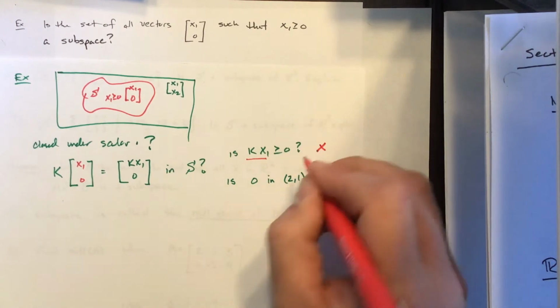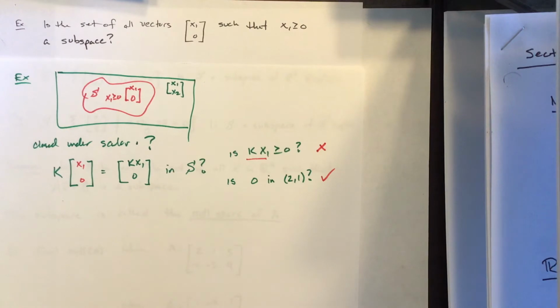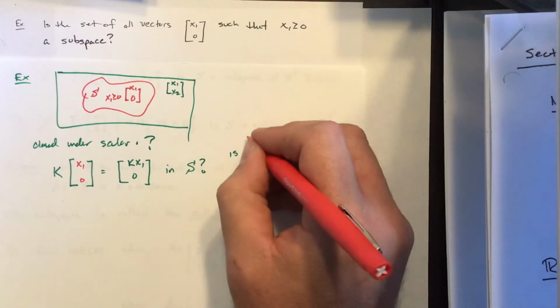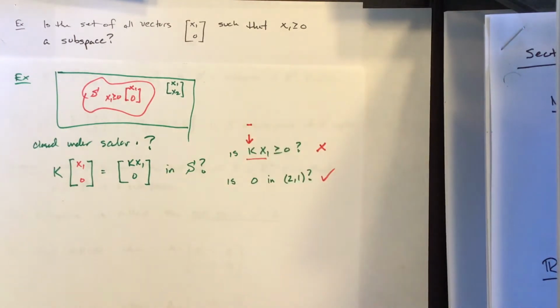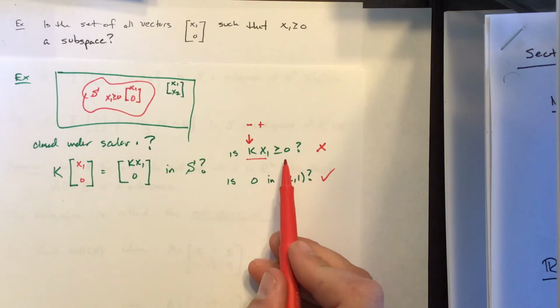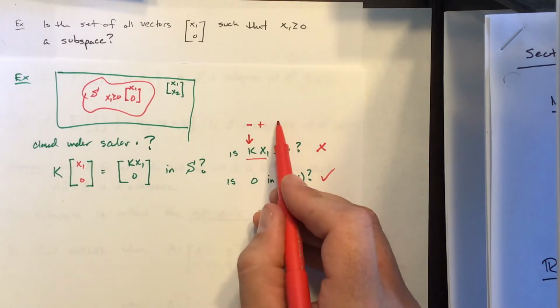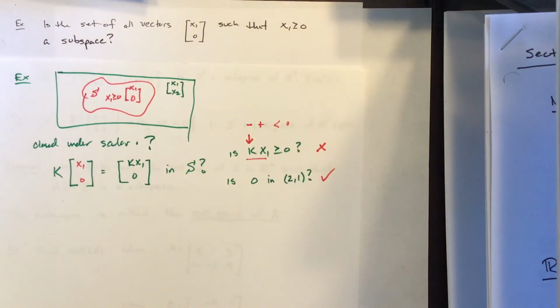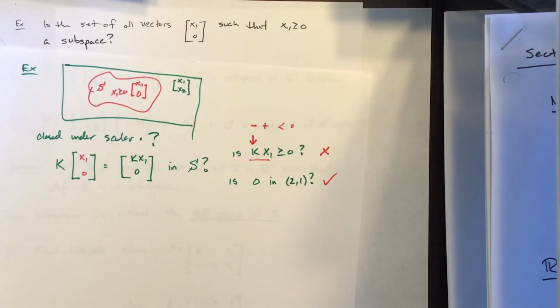The answer is no, that's false. Because if k is a negative number, and I multiply it by x1, which is a positive number, I get something that is less than 0. So therefore, it's not closed under scalar multiplication, therefore it is not a subspace.